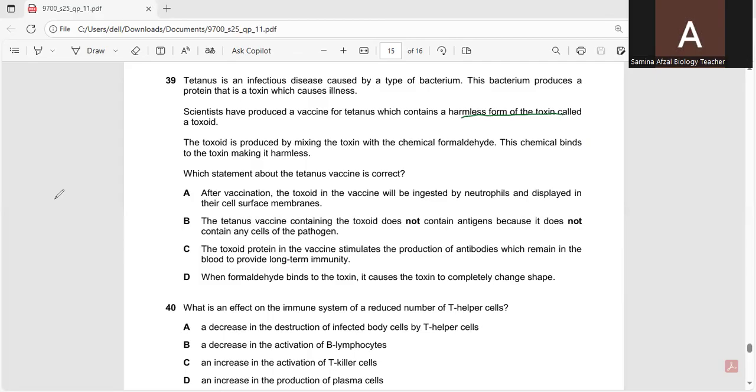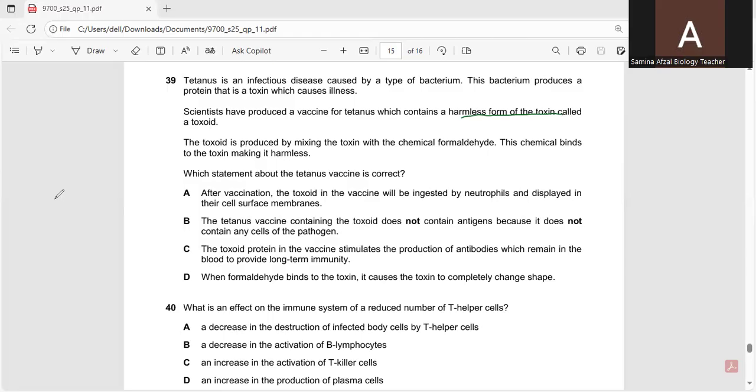First, after vaccination, the toxoid in the vaccine will be ingested by neutrophils and displayed on their cell surface membranes. Neutrophils are a type of white blood cell involved in the immediate inflammatory response to infection, but they are not the primary cells responsible for presenting antigens to stimulate a long-term adaptive immune response.